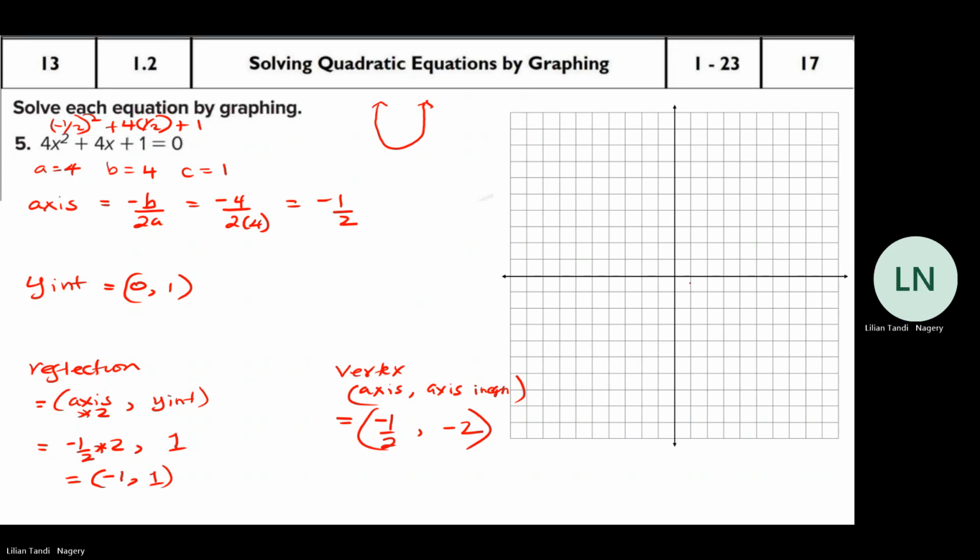So this will be half, 1, 1.5, 2, 2.5, 3, 3.5, 4, 4.5, and then 5. Remember to label x. Remember to label your quadrants.